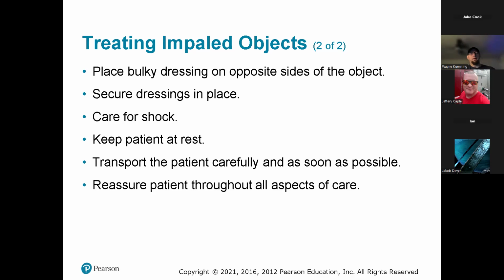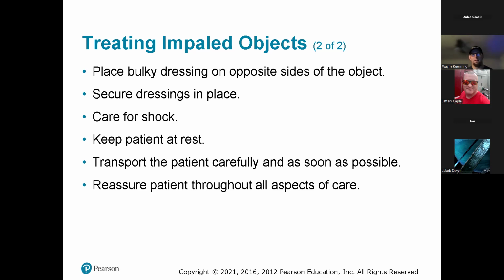It's not always going to be easy, especially on your thinner patients. Just packing all that gauze is difficult, and then getting it all taped down is also difficult, especially without moving things. But that's key in your impaled object patients.